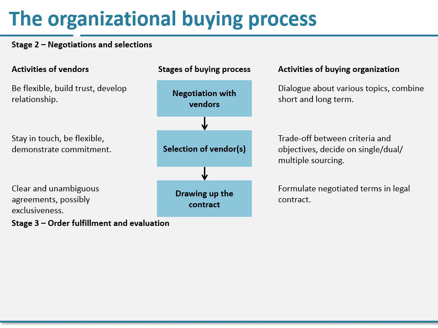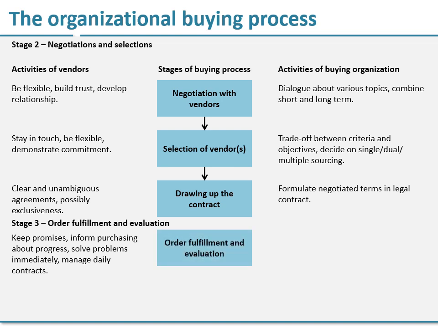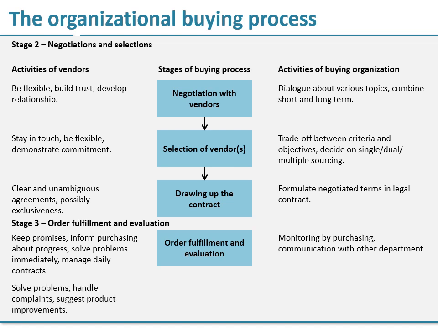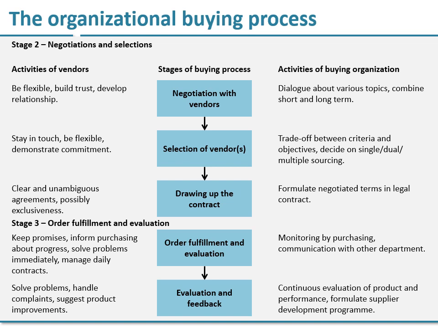The activity of the vendor is to keep promises, inform purchasing about the progress, solve problems immediately and manage daily contacts. The stage of buying process here would be order fulfillment and evaluation, and the activity involved would be monitoring by purchasing and communication with the other departments. The next activity is solve problems, handle complaints and suggest product improvements, for which we would need evaluation and feedback, and the activity here is continuous evaluation of the product and performance, and formulating a supplier development program.